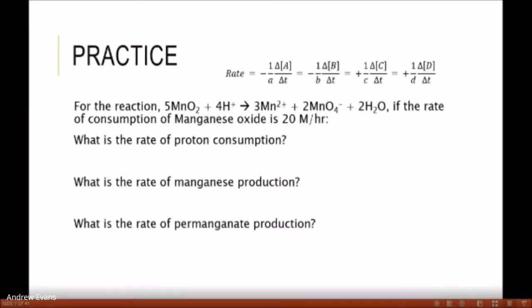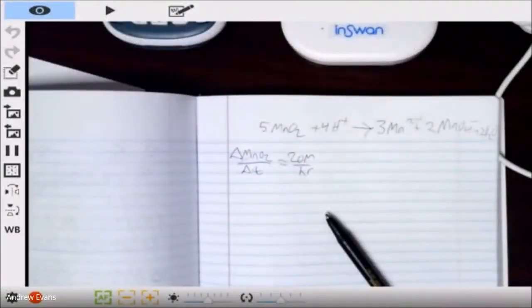So the change in MnO2 over change in time is 20 molar per hour. And I ask, what is the rate for protons? What is just straight up manganese? And what is permanganate?